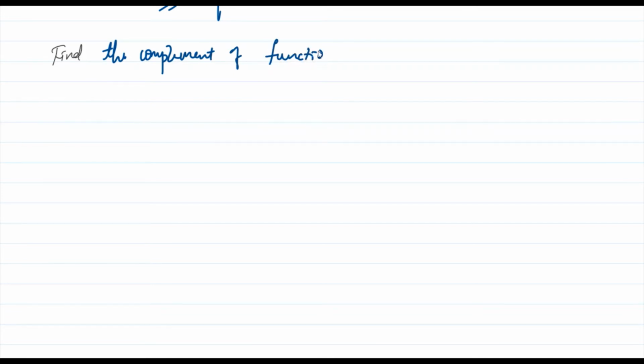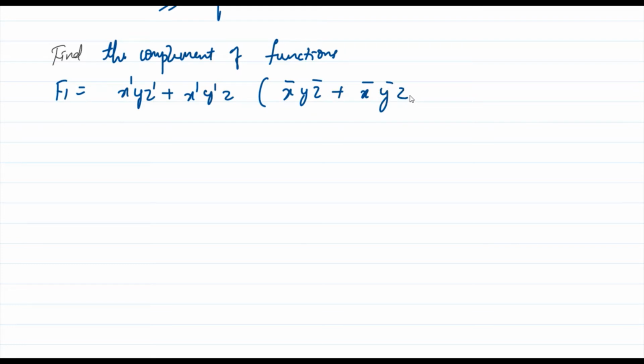I will give some functions, that is f1 equals x prime y z prime plus x prime y prime z. This also can be written like this, in brackets, x bar y z bar plus x bar y bar z. You can take prime or you can take bar, both are the same.